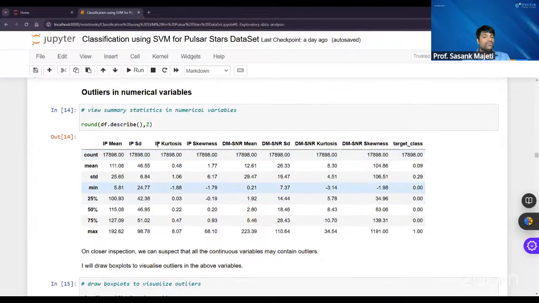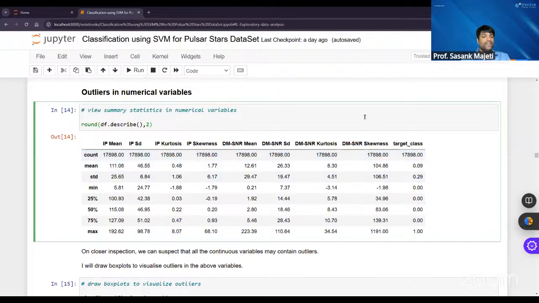So next, let us go to the describe function, where you can see, for the entire data set, the mean value, the standard deviation, the minimum value, max, the 25th percentile, the 50th percentile, which is the median value, and the 75th percentile. 25 percent is nothing but the first quarter, 50 percent is the second quarter or median, and 75th percentile is the third quarter.